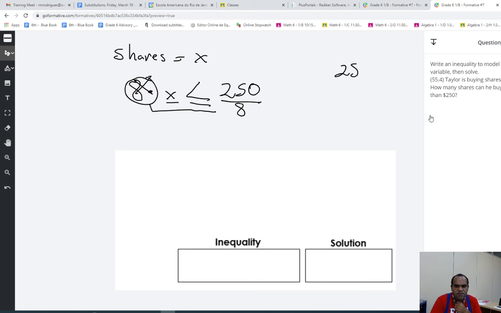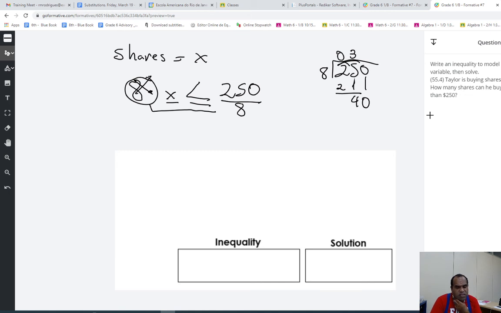250 divided by 8. Let's do it together. How many times 8 goes into 2? 0. How many times 8 goes into 25? 3 times, that is 24, and here is 1. Sorry, guys, my bad. Bring down the 0. 10.